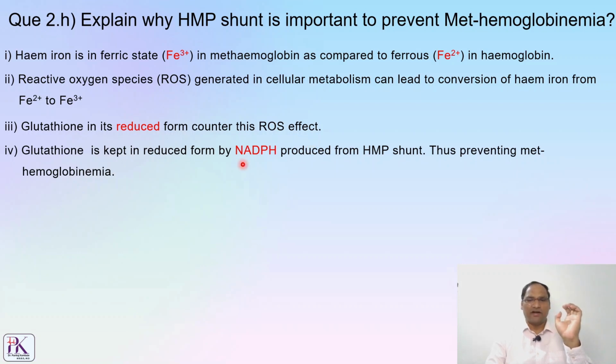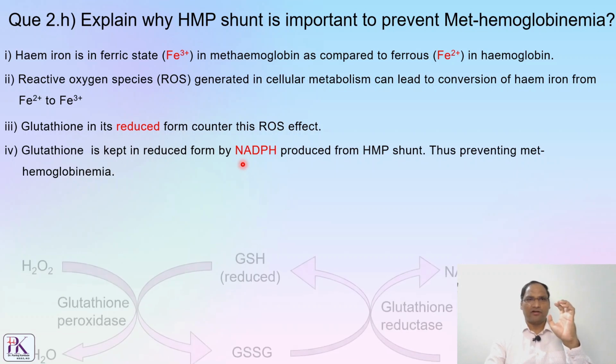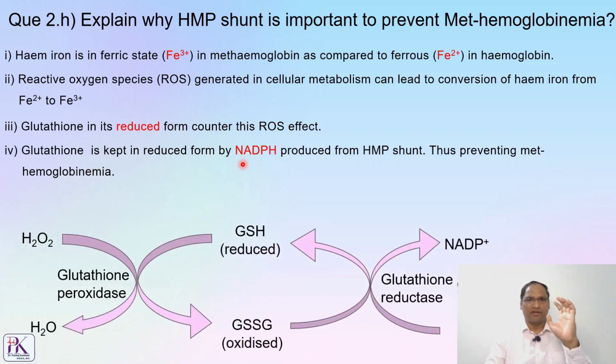Now you should draw this diagram that depicts the role of NADPH. There is a production of reactive oxygen species, for example, hydrogen peroxide. With the help of glutathione peroxidase, it gets converted to a water molecule, and for this reaction, the body requires glutathione, GSH, which represents glutathione in reduced state.